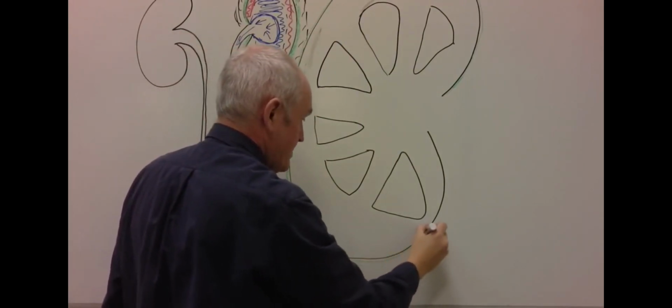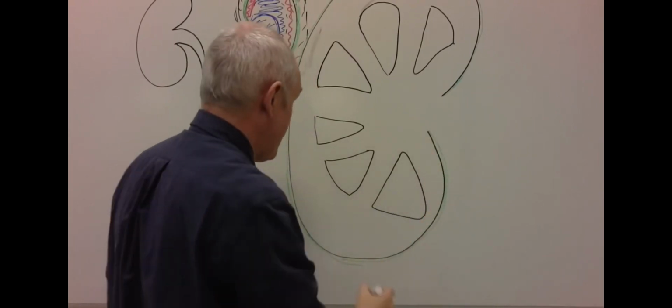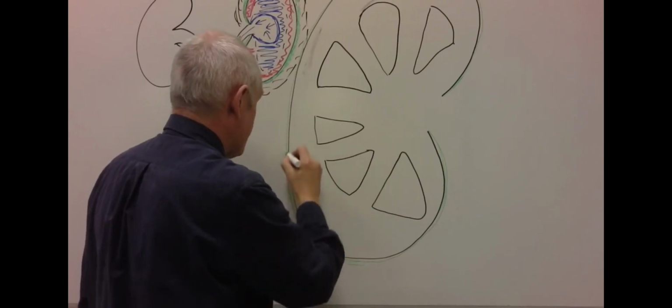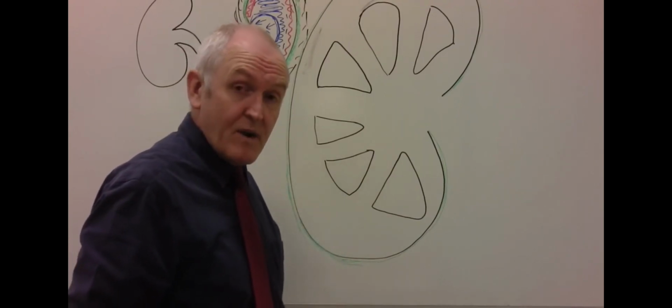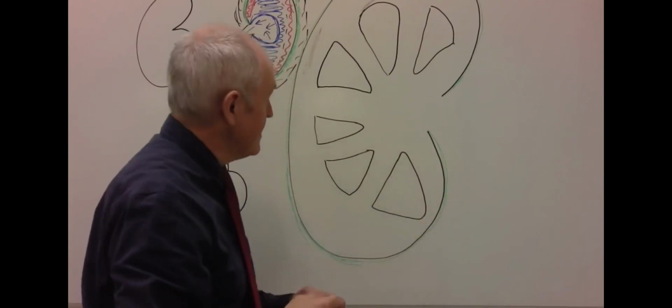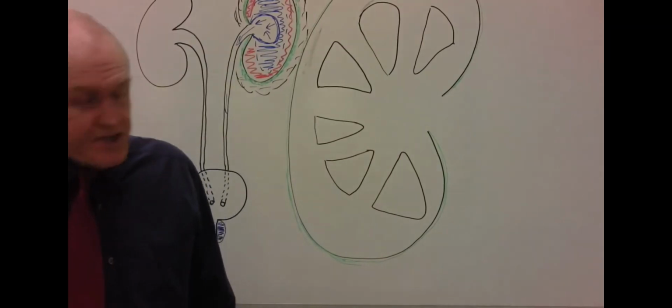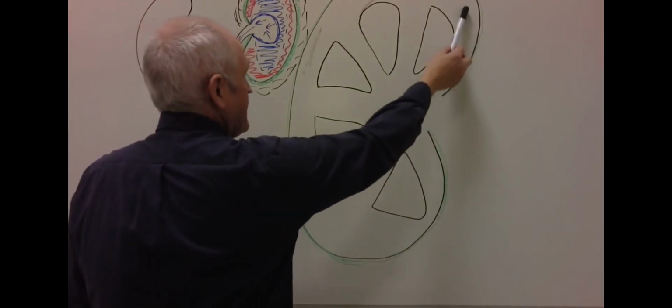The renal capsule, tough, fibrous proteins, contains things like collagen, but also contains lots of pain receptors. And when you're looking at a kidney, this is the thin layer that you can actually peel off the surface of the kidney.